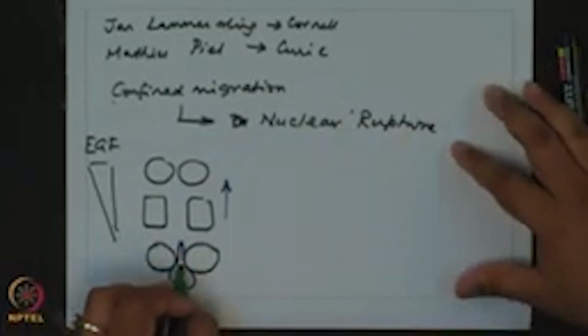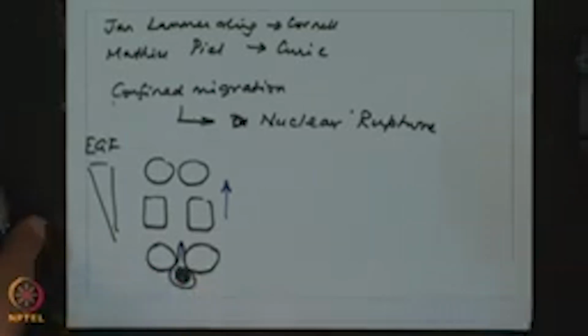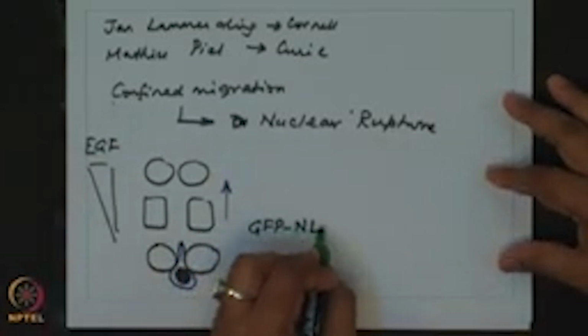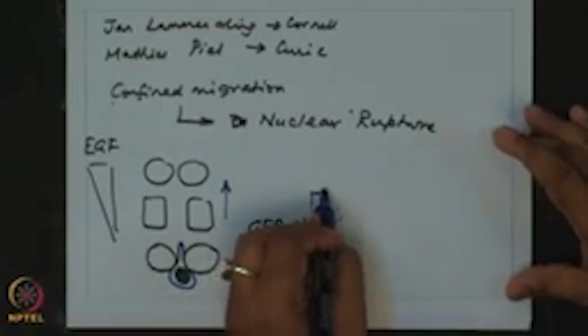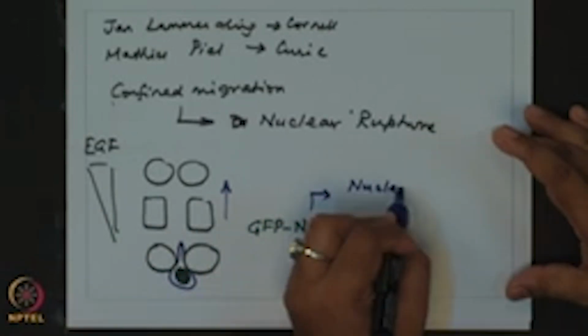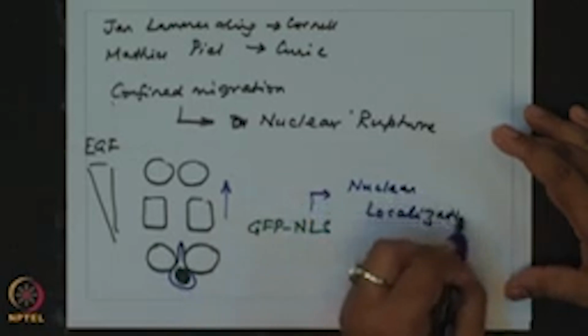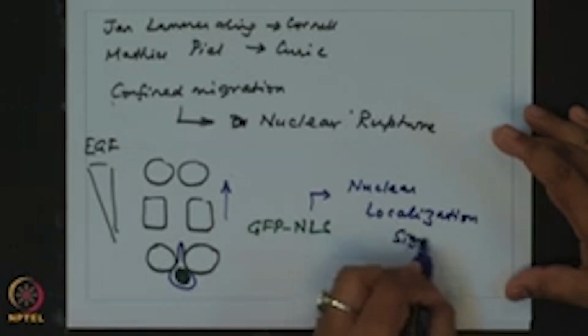They transfected these cells with GFP NLS, where NLS is nuclear localization signal. So, this should ideally only be present in the nucleus.